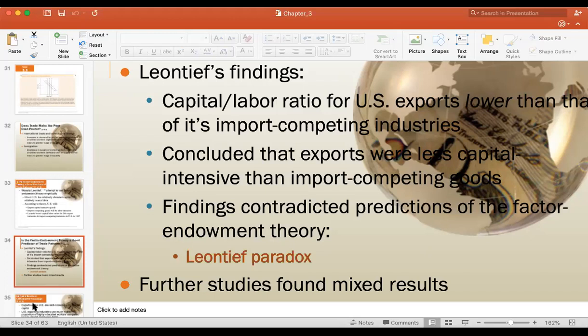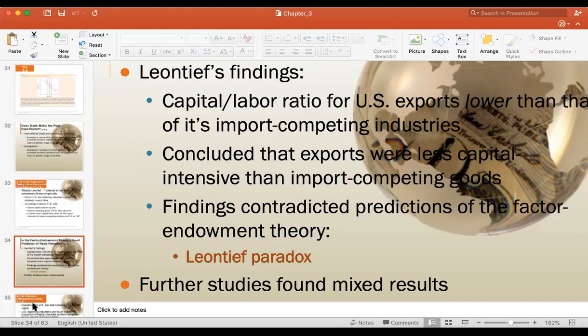One of the economists that actually ran a test on the HO model was Wassily Leontief, a US economist from Harvard University, who used empirical studies to determine if the US was actually exporting capital intensive goods and importing labor intensive goods. This is exactly what Leontief set out to do.